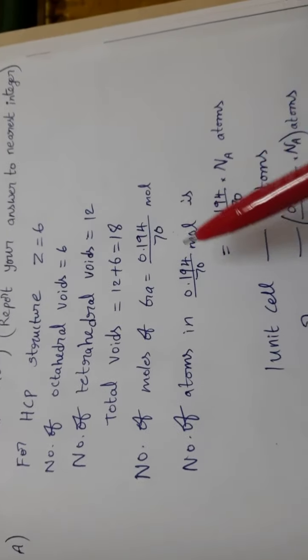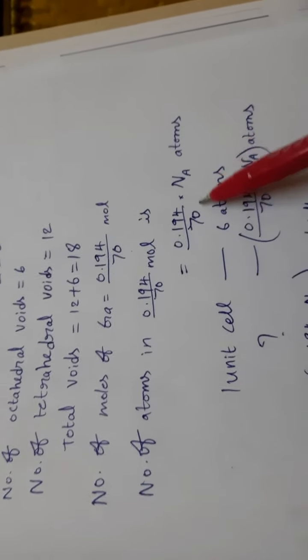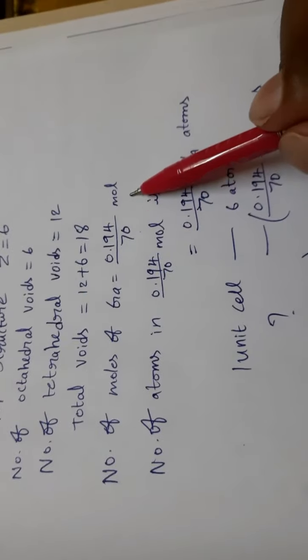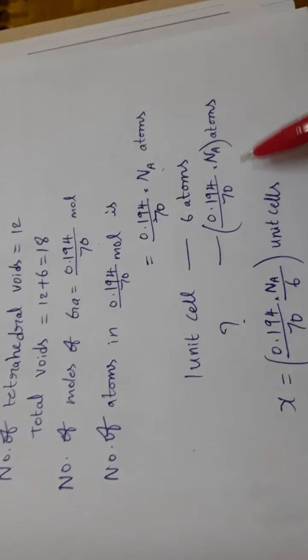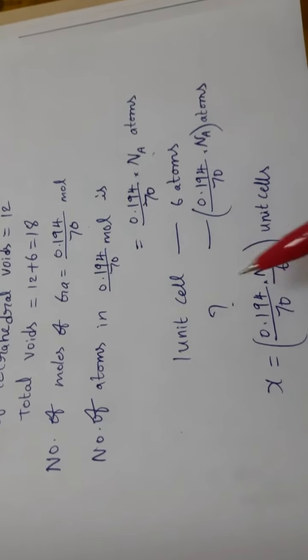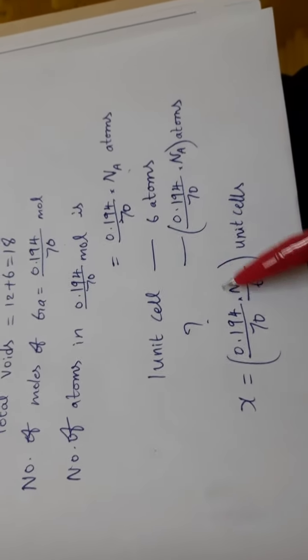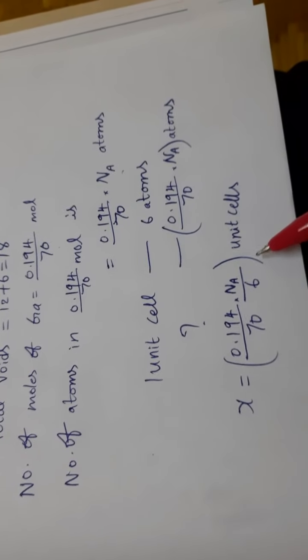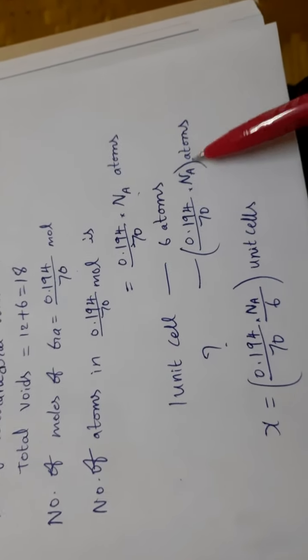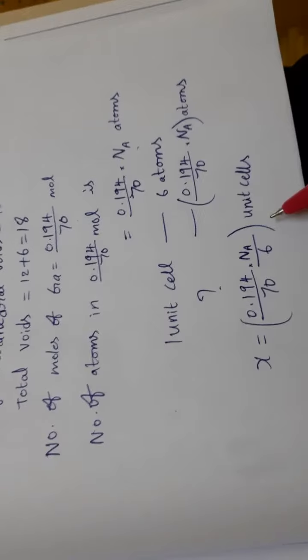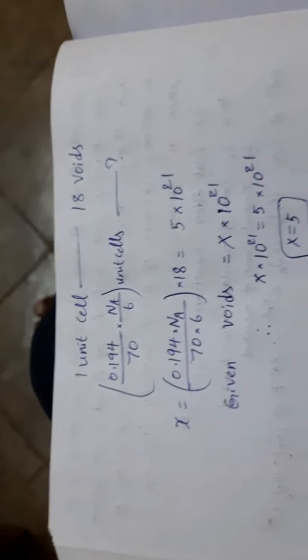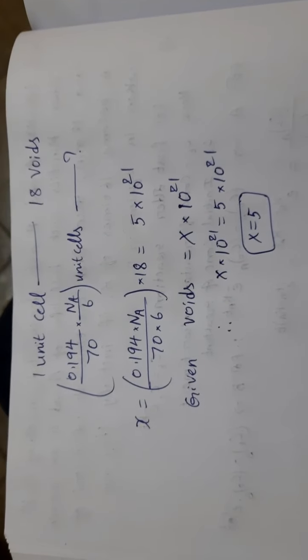These many moles contain how many atoms? So 1 unit cell contains 6 atoms. These atoms are present in how many unit cells? In these number of unit cells, these many atoms are there. Now 1 unit cell having 18 voids. These many unit cells having how many voids? This into 18. Same thing we did. So x value is 5. Thank you students.